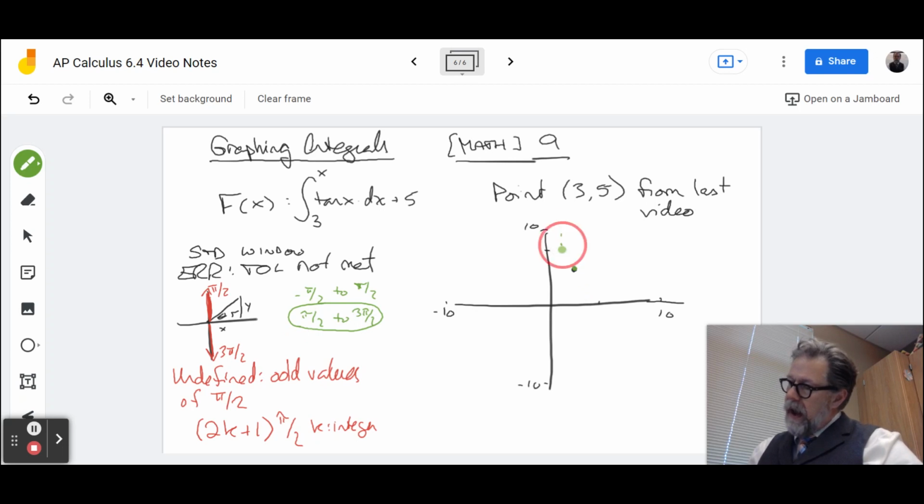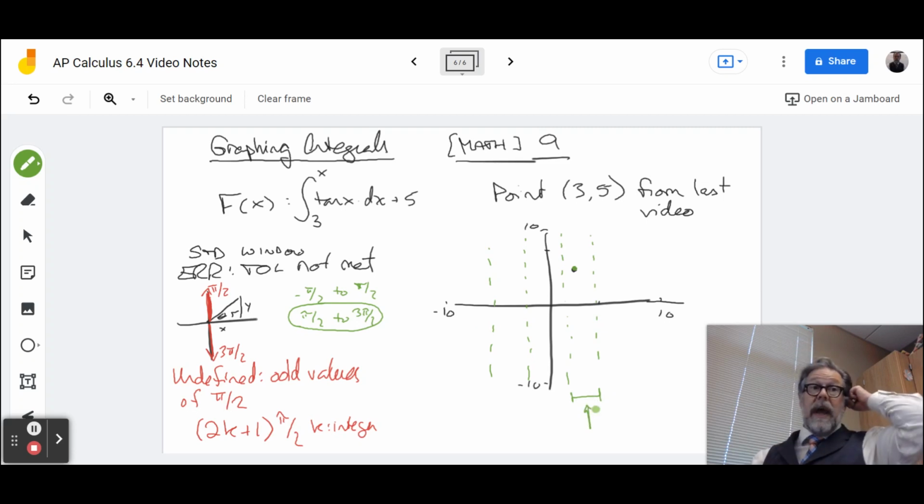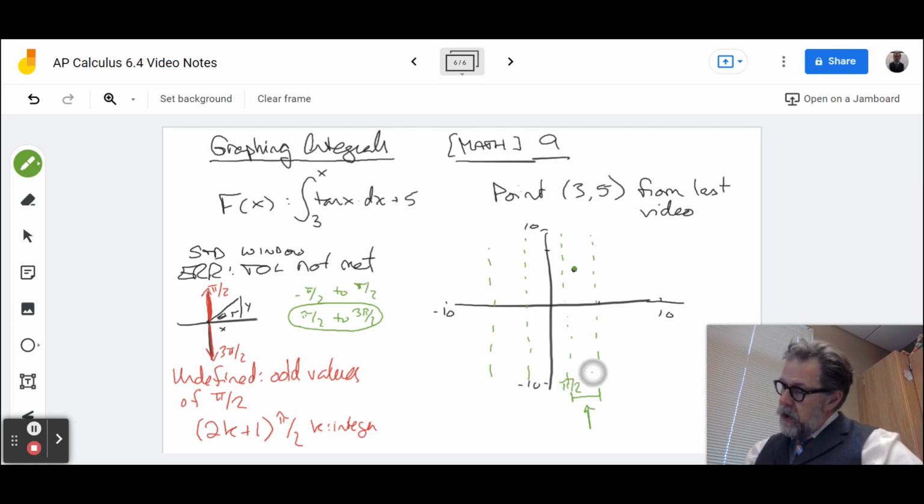If we draw in some of our vertical asymptotes, we want to look at this one right here, because it's the one that has the point that we have. So what we're looking for here is the interval from pi over 2 to 3 pi over 2, and we don't want to include pi over 2 and 3 pi over 2.